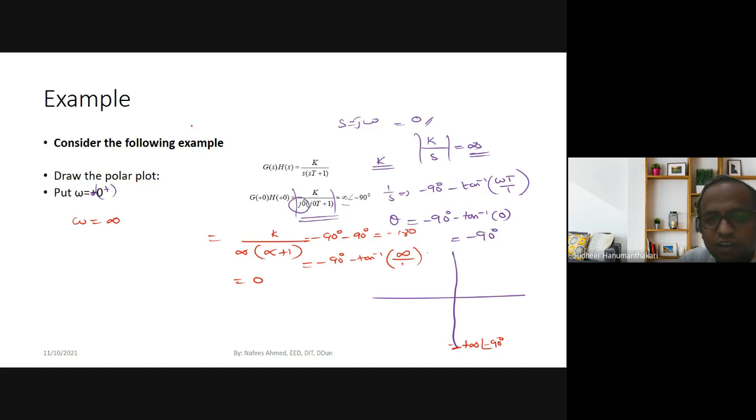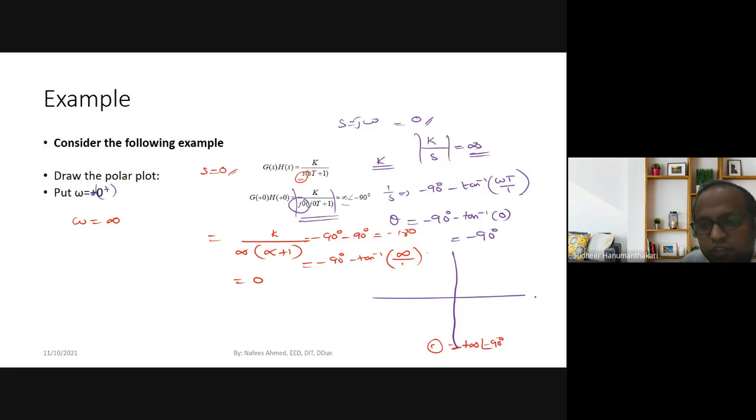Or else forget about everything. What is the type of the system? The type of the system is decided by the poles at s equal to 0. There is one pole lying on the origin, so it is a type 1 system, and your plot will start from here. The order is 2.